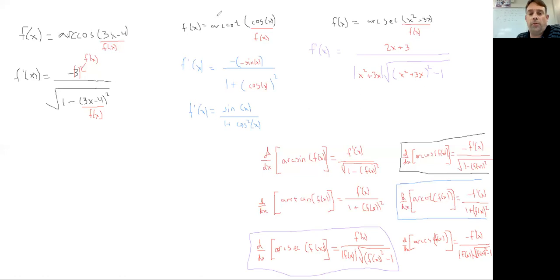So we don't do too terribly much with this. We're just going to clean this up. I'm going to rewrite this first one here to make it a little easier to see, because that was kind of sloppy.